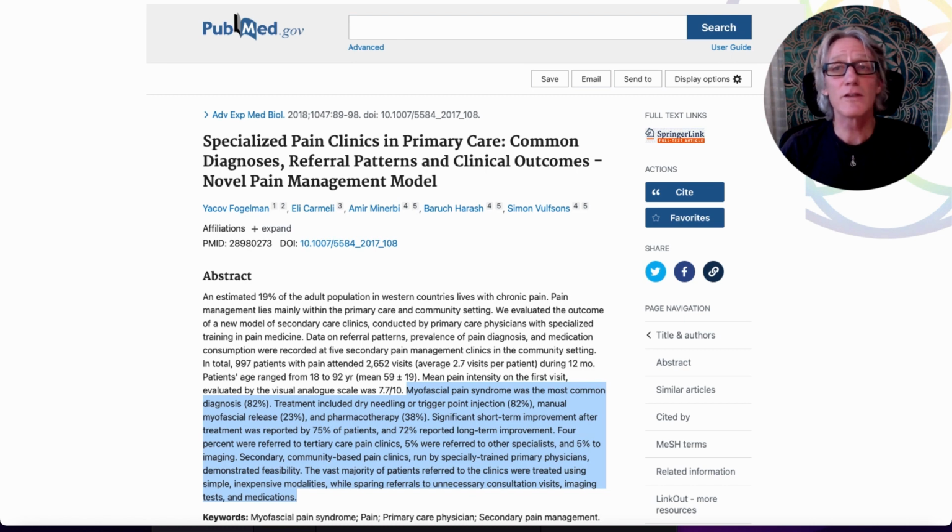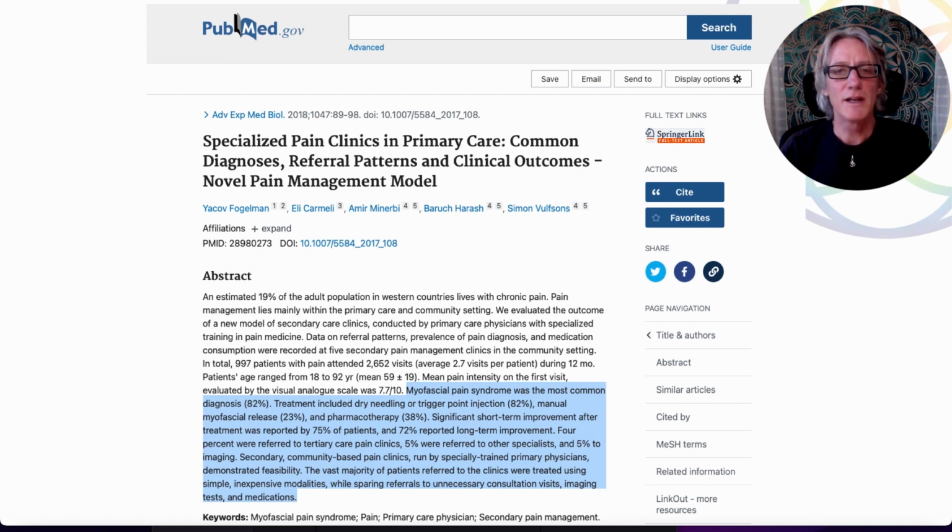So here is a study that was done in pain clinics with almost 1,000 patients. These pain clinics were set up, and the doctors were trained to recognize and treat trigger points. And what they found was that among people coming to the clinics, myofascial pain syndrome was the most common diagnosis, 82%.